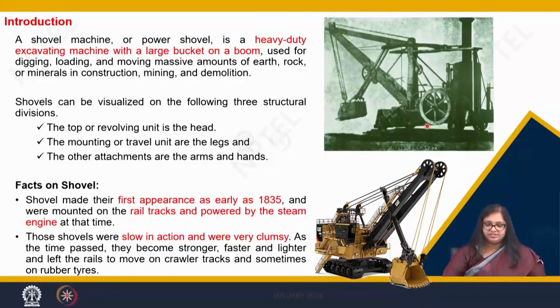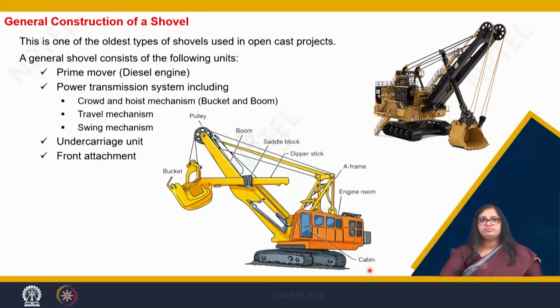Earlier, these shovels were very slow in action and very clumsy, but nowadays with the new technology that has come up, these shovels have become very efficient and fast. Not only on crawler tracks, you would also find them rubber tire mounted.